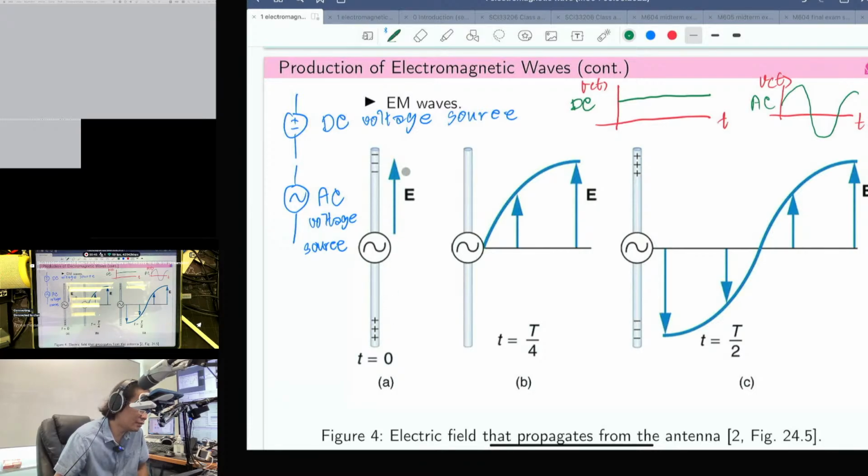And once we let the time go by a little bit, by one quarter of the wavelength, the voltage source tends to decrease. It turns out to be 0. So the electric field will tend to 0 here.